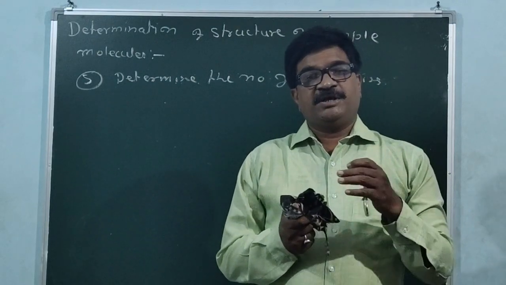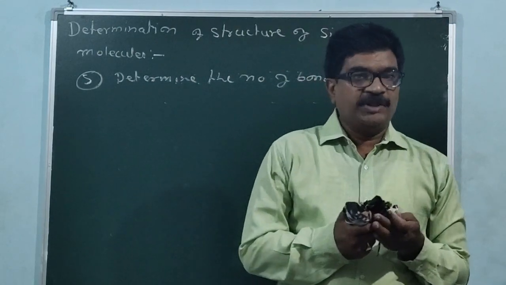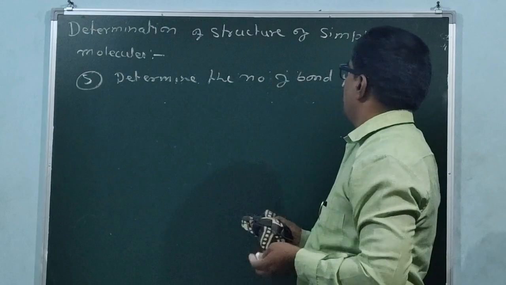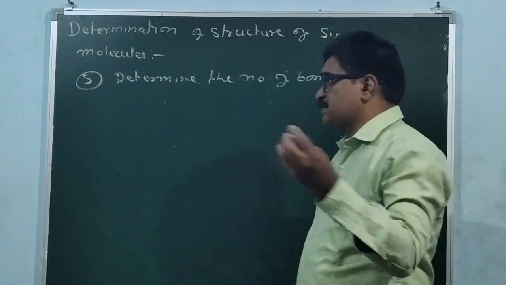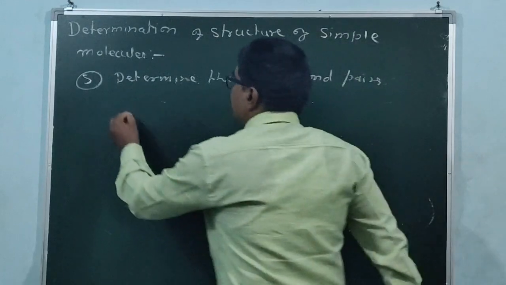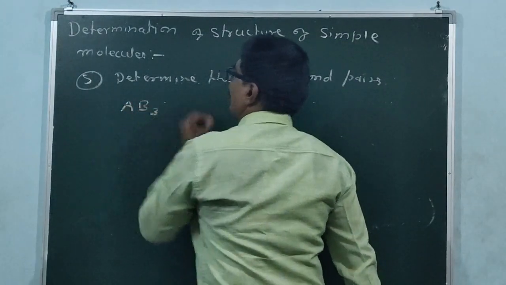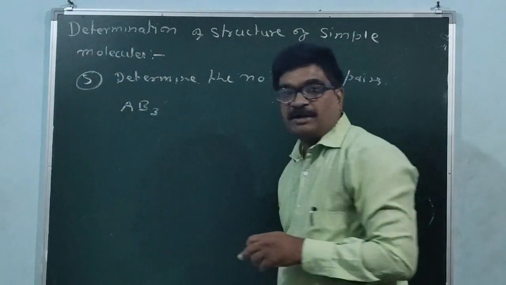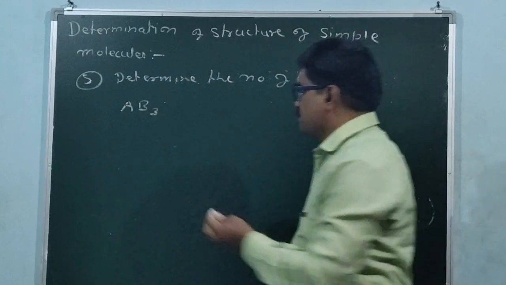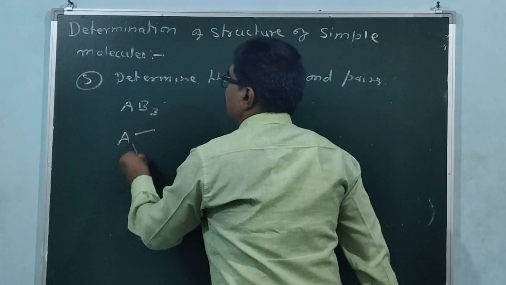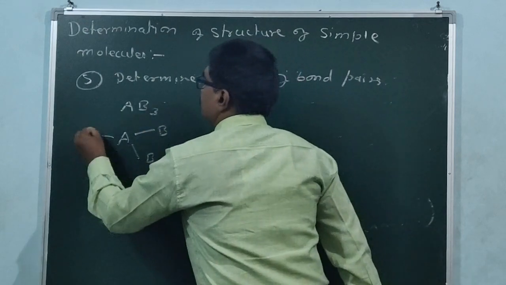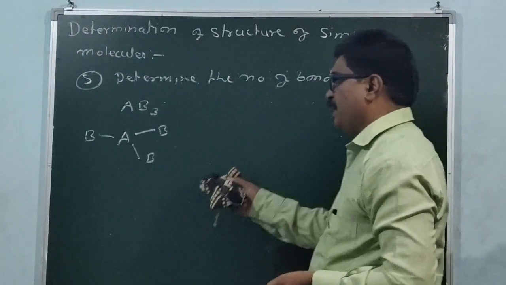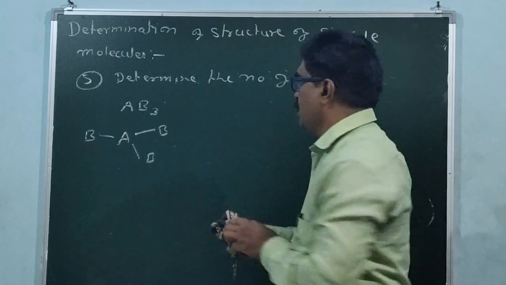Why? Because if the bonded atom forms a single bond, then the number of bonded atoms will be equal to the number of bond pairs. Let us consider the example of an AB3 molecule. Here there are 3 B atoms bonded to the central A, so obviously there are 3 bond pairs. Is it clear? So with the help of the number of bonded atoms, you can determine the number of bond pairs.